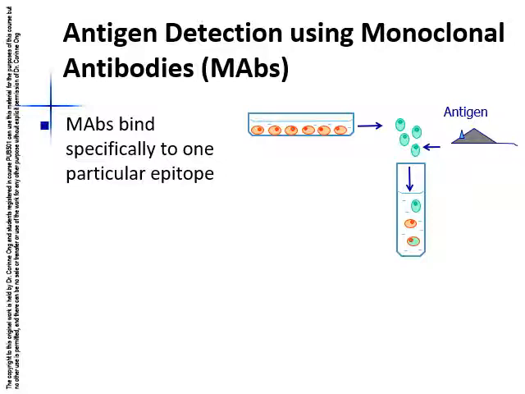In order to produce large quantities of this type of antibody, a novel method was developed, in which mice were inoculated with the antigen of interest, then their spleen cells were harvested. These are the light blue cells in the diagram. They were then mixed with the B-cell myeloma or cancer cells, the orange cells.